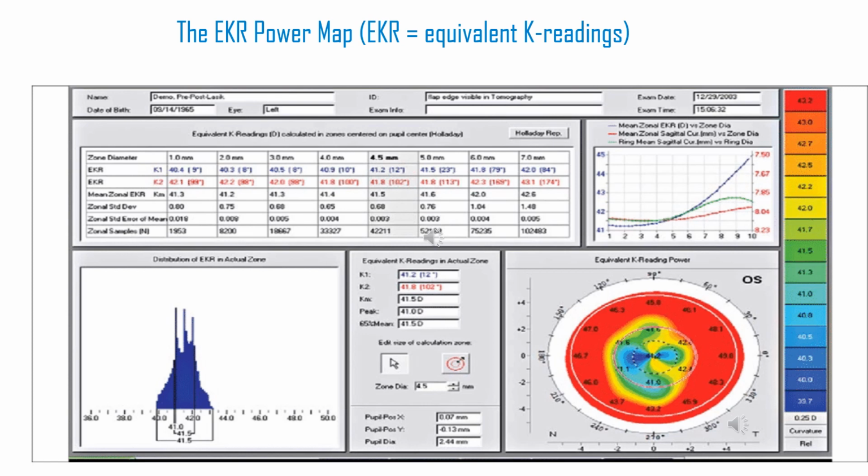It is calculated with the help of the refractive index of 1.3375 to give you the final output of the anterior cornea for an untreated eye.